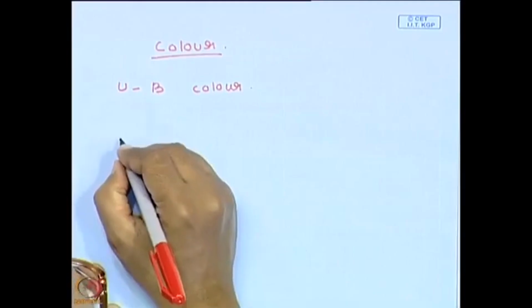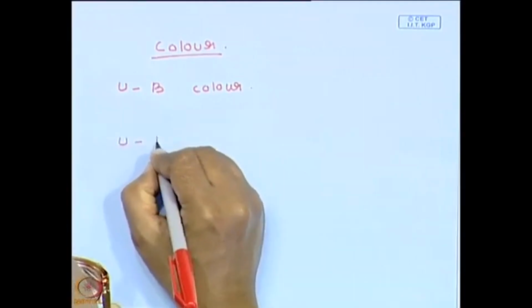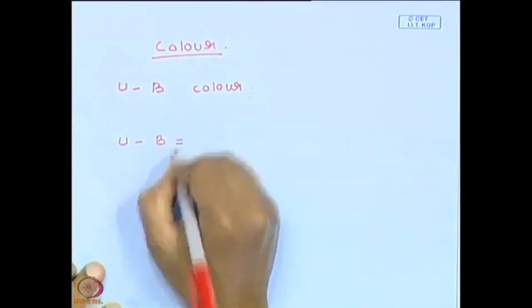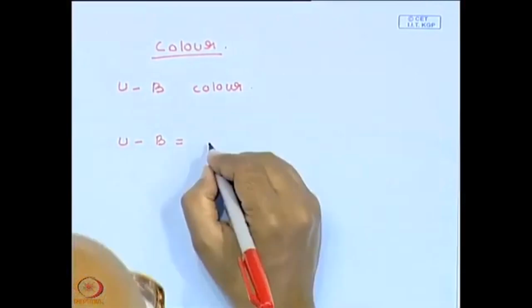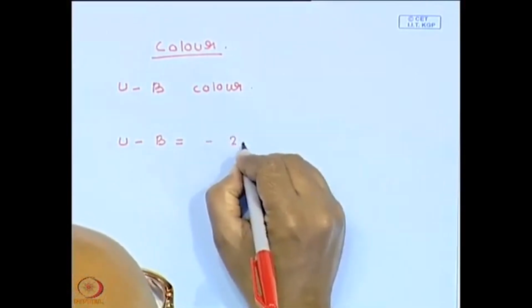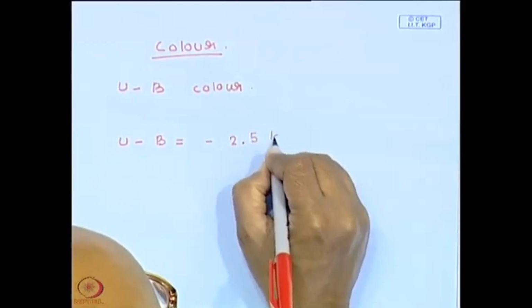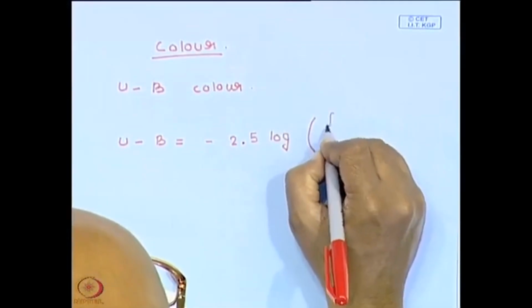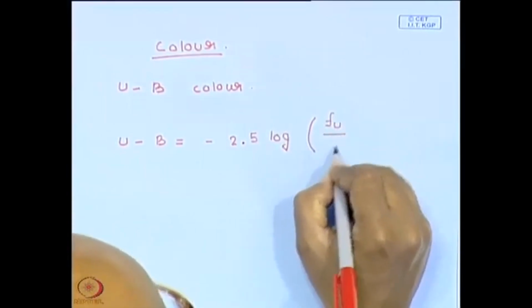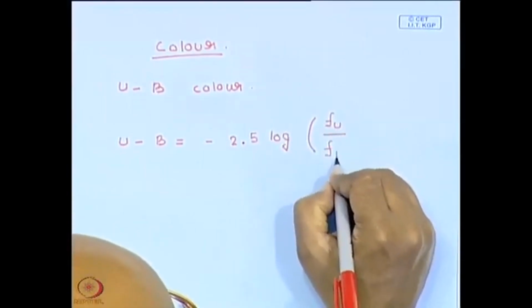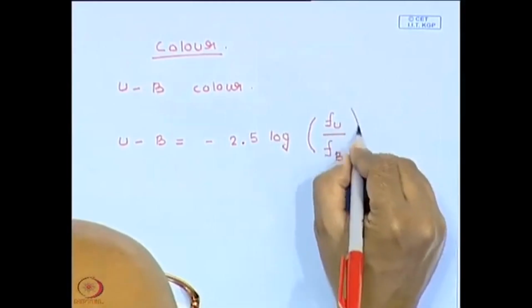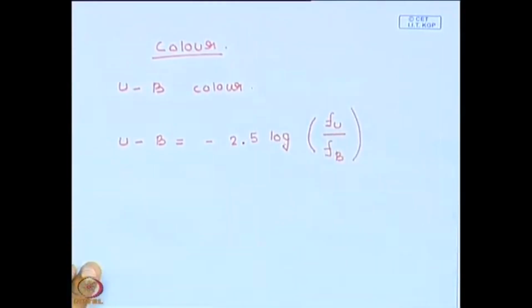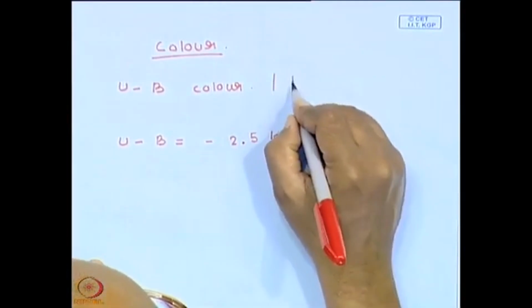So, U minus B is equal to minus 2.5 log the flux in the U band divided by the flux in the B band. Similarly, you could also have a B minus V color.